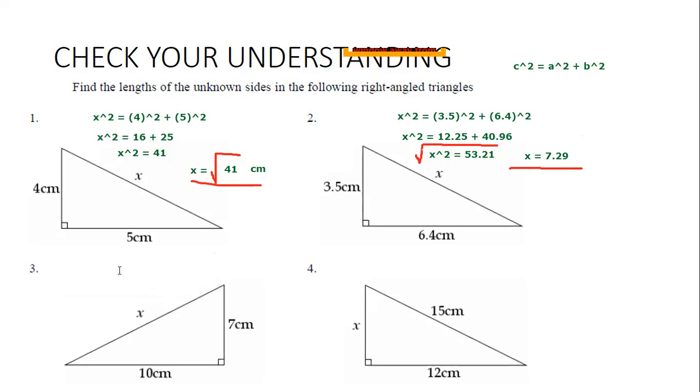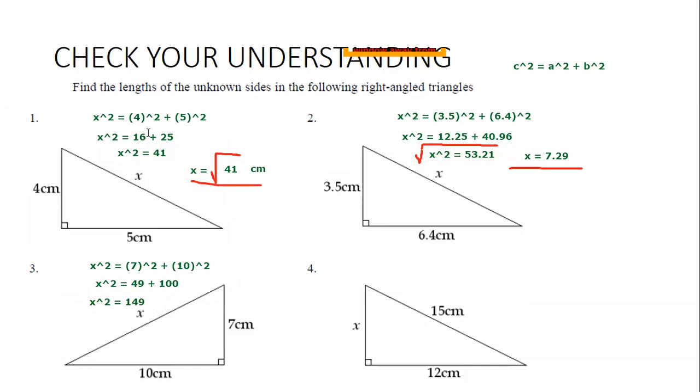Next, in number 3, this is just the same: x squared is equal to 7 squared plus 10 squared. I think this is similar to our problem a while ago. So x squared is 49 plus 100, or simply x squared is equal to 149.